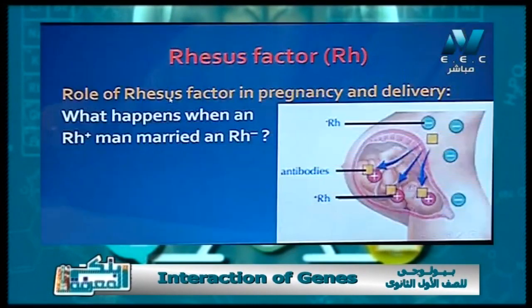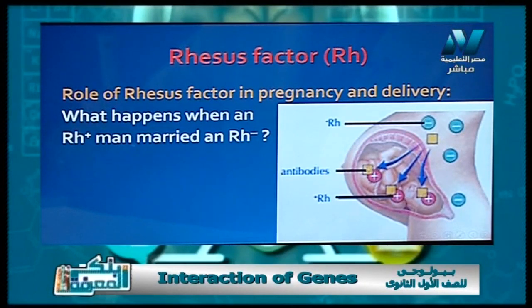The role of the rhesus factor in pregnancy and delivery. What happens when an Rh positive man marries an Rh negative woman? During pregnancy, the fetus has a separate blood circulation, and the mother, of course, has a separate blood circulation.